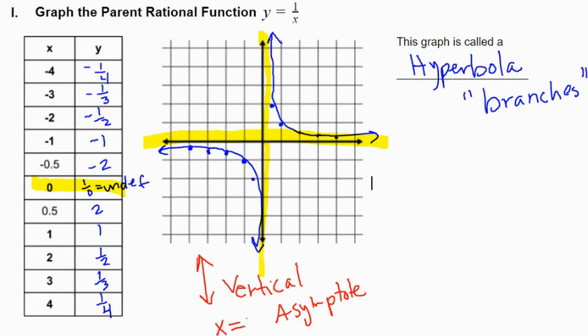In this case, this is x equals 0, goes through the x-axis at the position of 0. And we also have a horizontal asymptote. For this one, our horizontal asymptote is going to be y equals 0.